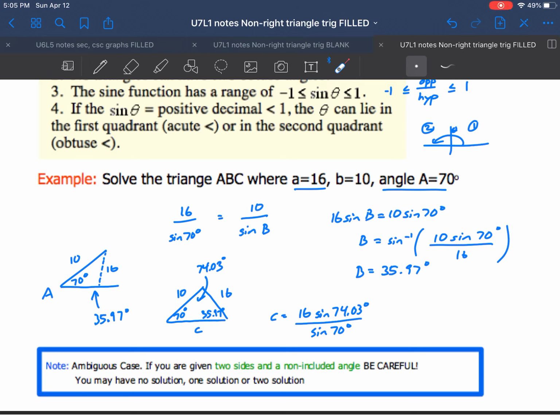If we crank that out, that's going to be 16 sine 74.03 divided by sine 70. That's going to be 16.4.